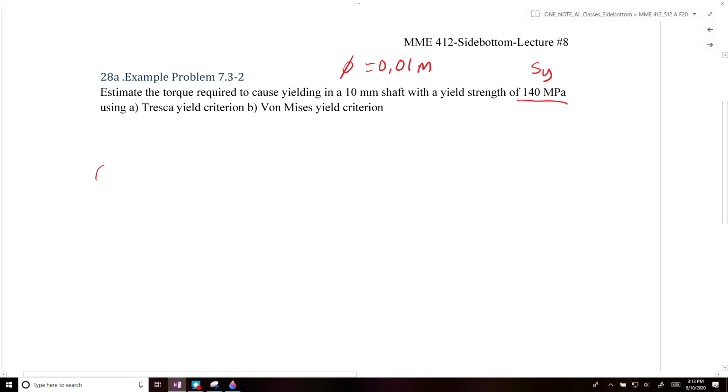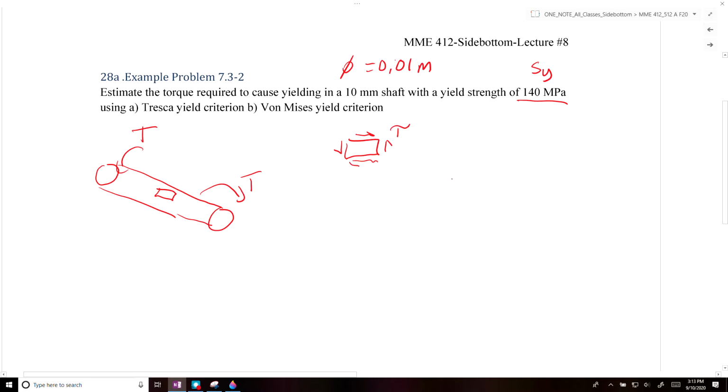All right, so our shaft. What this would look like is a shaft that has a torque being applied at both ends of the shaft. If we took an element within our shaft, this element is going to have a shear stress within it due to those torques.